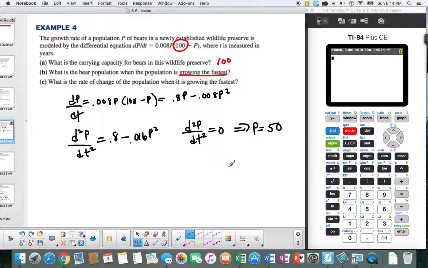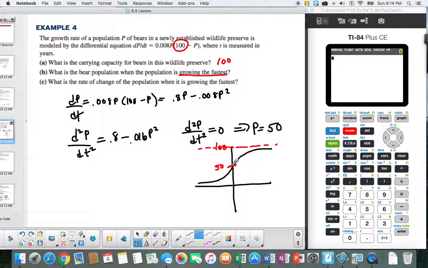Now let's take a look at the curve right here and see what that means. Remember, logistic growth looks like this. We know the carrying capacity right here is 100, and what we're saying is right here at 50, we're going to find the greatest growth rate, where it's growing the fastest.